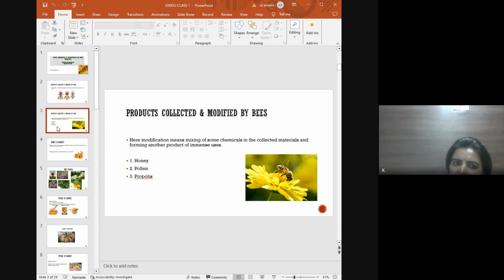The second thing that we will be speaking about is the pollen, which is the male reproductive organ of a flower. We'll speak a little in depth later. Then there's a thing called the propolis. Honey, pollen, and propolis. These are the products which are collected and modified by the bees. We'll go to the next slide now.